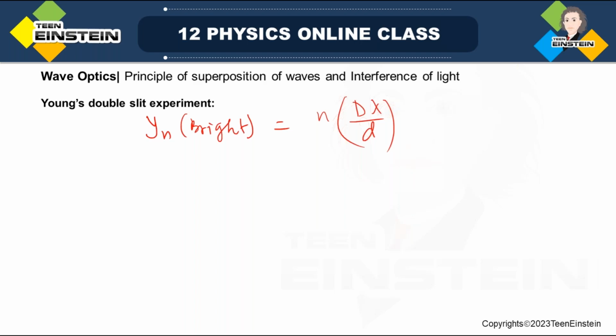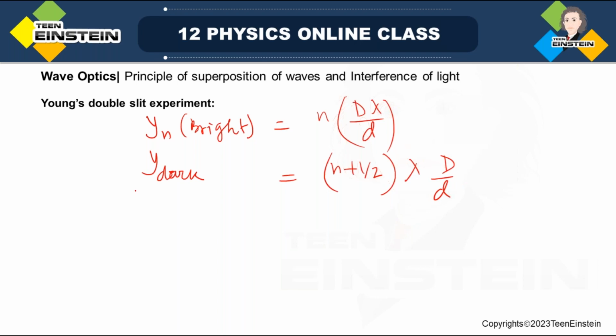And the position of the dark fringe is n plus half, lambda D by small d, which is common.